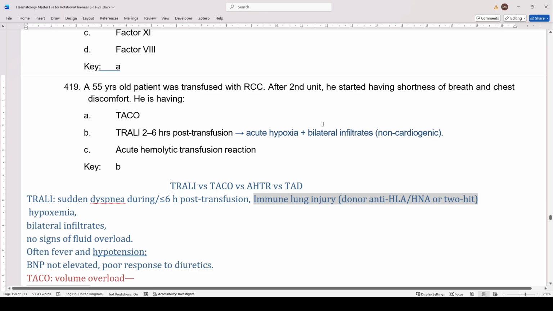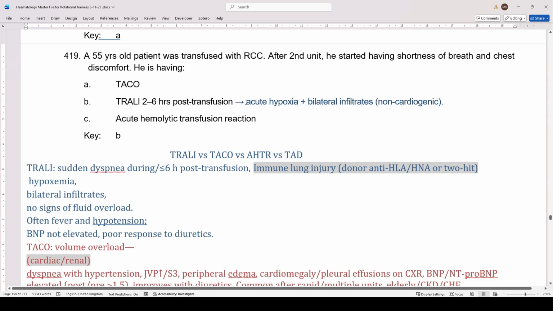When there is a second hit, like the second unit is given, the patient will develop acute lung injury, and because of the acute lung injury, the patient will have hypoxia and bilateral infiltrates. So that can be a case of TRALI. And acute hemolytic transfusion reaction, in that case also the patient can have dyspnea. So I think in the exam we will get a little bit more information, then we can decide easily.